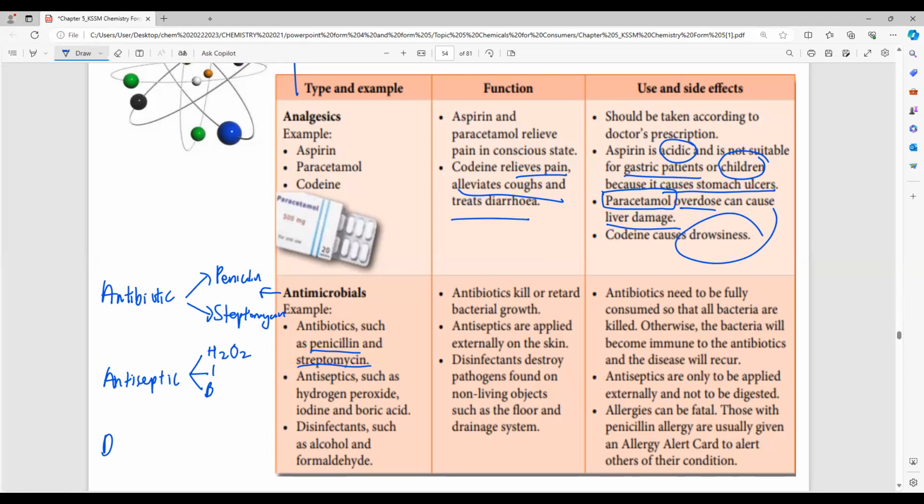Second one is iodine. Number 3 is boric acid. You know where you can find boric acid? In your noodles, in your kway teow. That's how they preserve it. And the same boric acid you're putting on your face, your body, and the same one you're eating. How excellent.